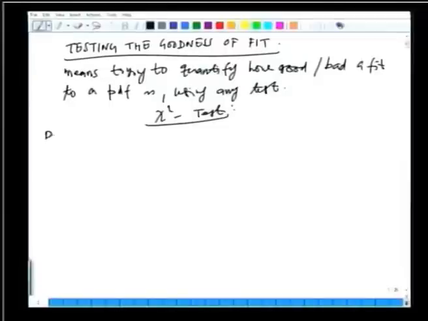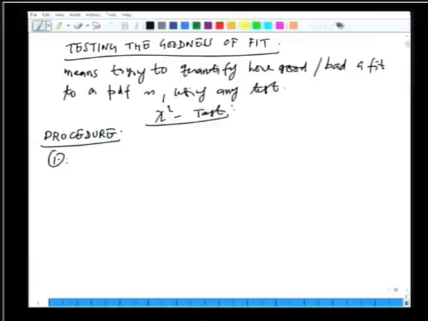Let us get started today by looking at the procedure which we can follow to conduct this chi-square test.